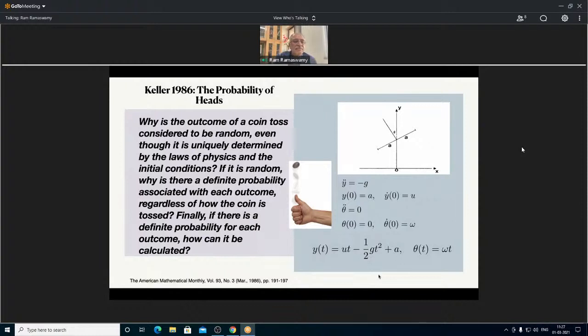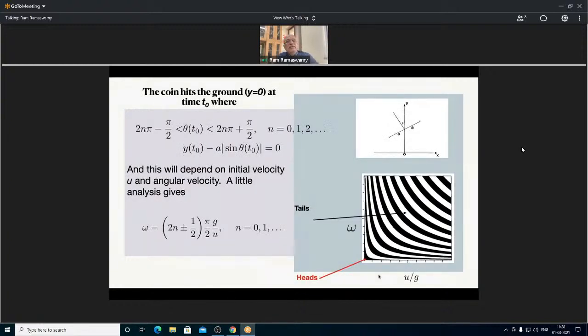And this was done by Keller in 1986. He pointed out that when the coin hits the ground, let's just assume that it hits the ground at time t0, when the height is equal to 0. And when it hits the ground, it hits at a particular angle.